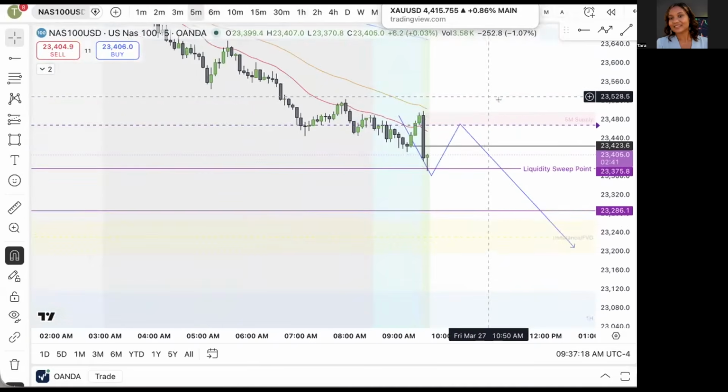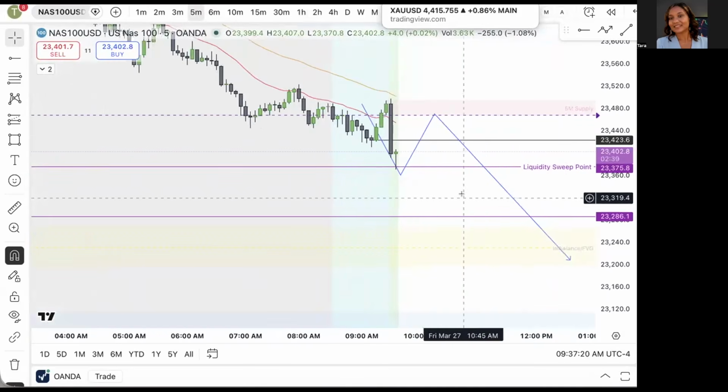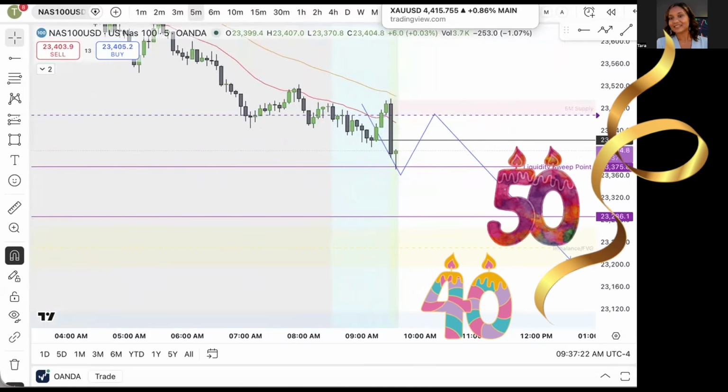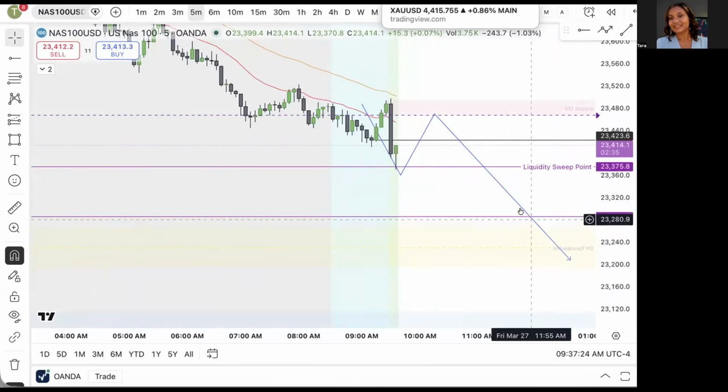Okay, so now that we have marked our zones, we've marked up our chart. Now all we have to do is wait. We have to wait for price to come back to our supply.